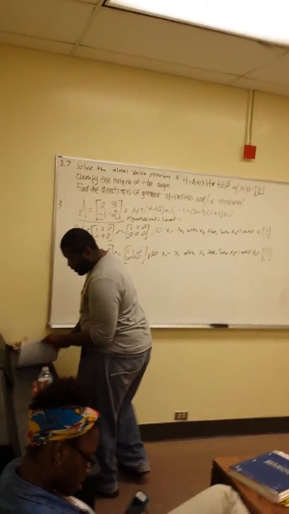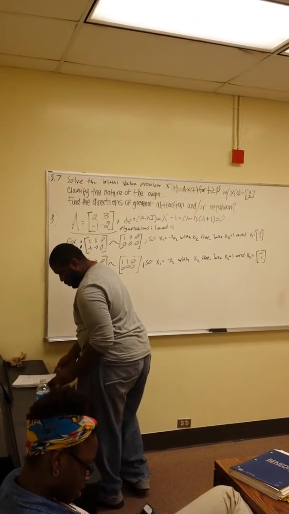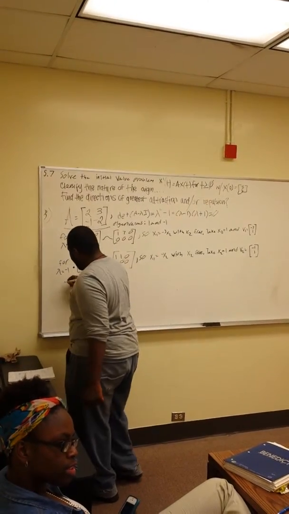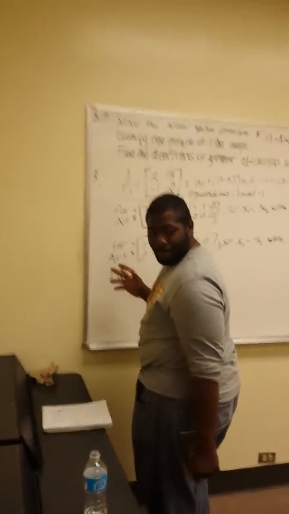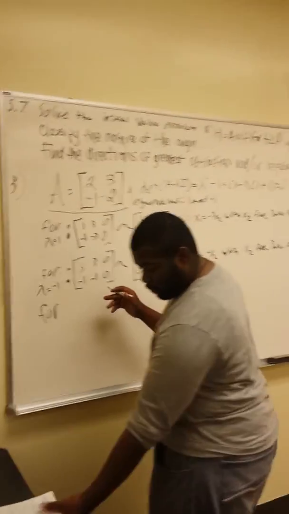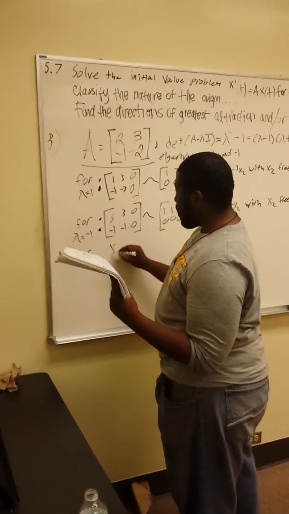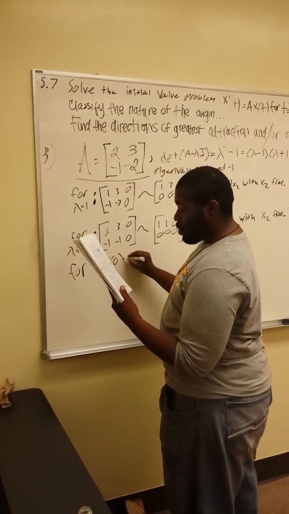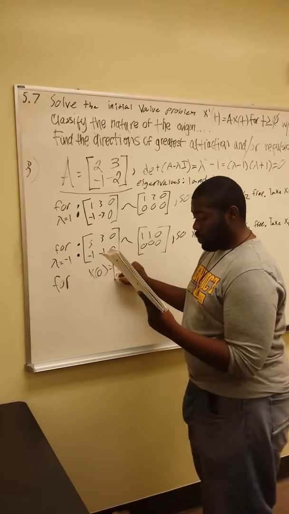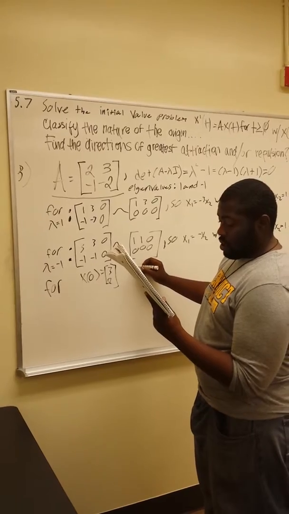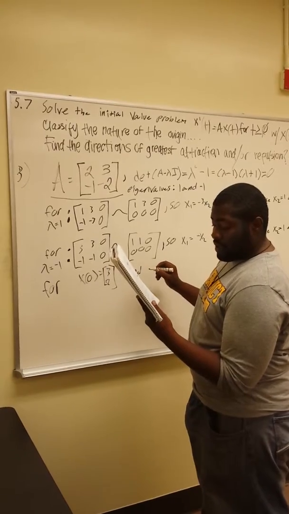The next part of this problem, we're going to add the initial condition. We're going to have x of 0 equal to (3, 2), and we're going to have to find C1 and C2.